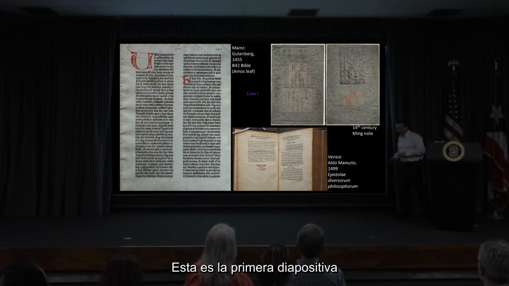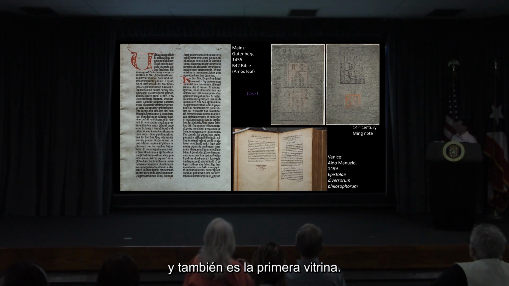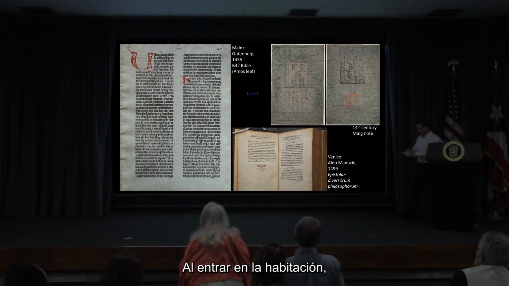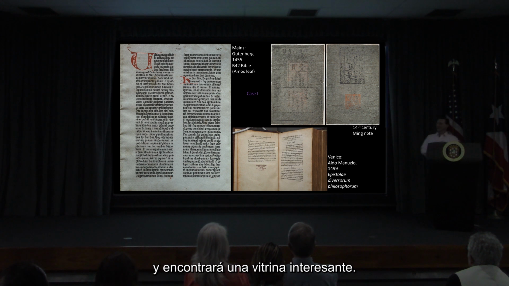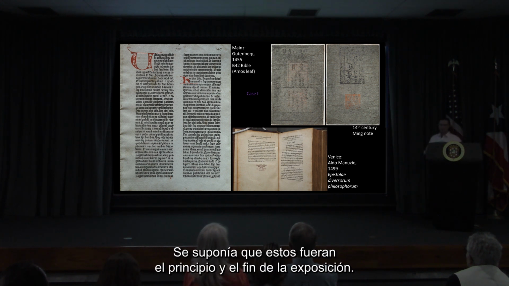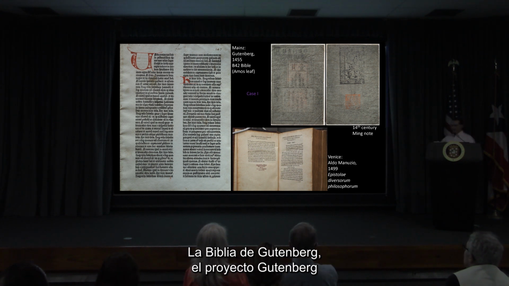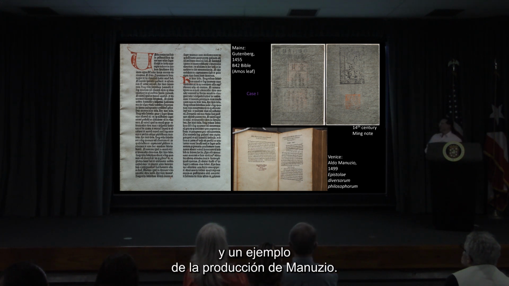So this is the first slide, and is also the first case. As you come into the room, you will immediately turn left, and you will find an interesting case. This was meant to be both the bookends of the exhibition: the Gutenberg Bible, or the Gutenberg project, and an example of Manuzio's productions.